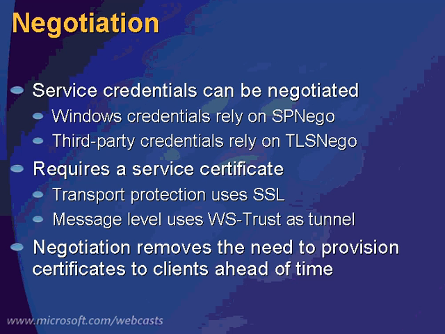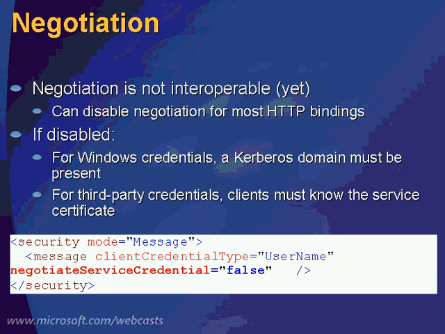But the important thing I want you to note about negotiation is that it's not interoperable. So normally, when we configure security for WS HTTP binding, for example, we actually need to explicitly go in and turn off negotiation. If you don't do that, you're not interoperable. Today, negotiation is not interoperable.